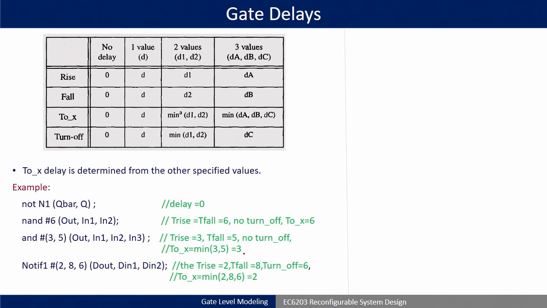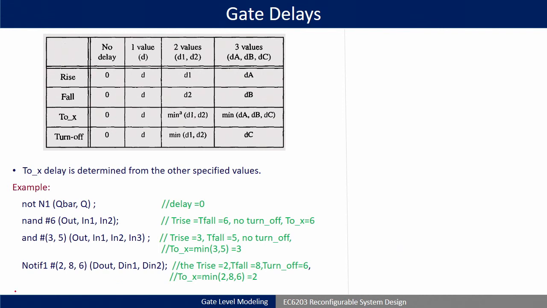Okay. Till now you might have done simulation of an AND gate by taking only one delay. If you are taking 2 delays or 3 delays, then as per this table, you have to see that your result will vary. So, if 3 and 5 is taken, you may get the transition to x delay as 3 only, not 5, it is the minimum of d1 and d2.